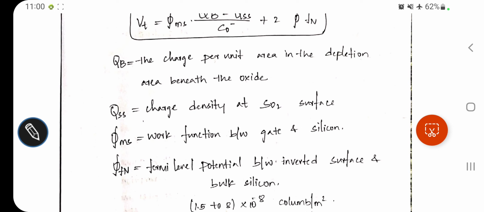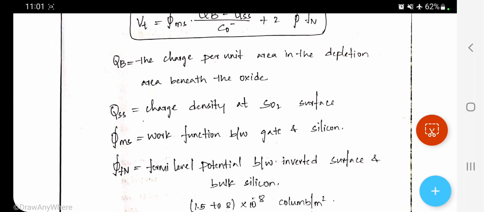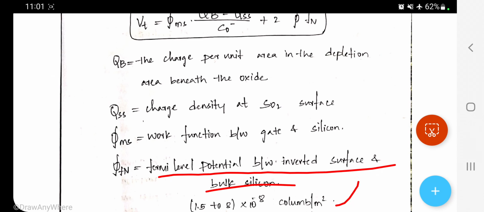So that is why it is called the inverted surface, that is the channel region. So the Fermi level potential between the inverted surface and the bulk silicon is nothing but phi_fn. The values are given as 1.5 to 8 into 10 to the power of minus 8 coulombs per meter square.